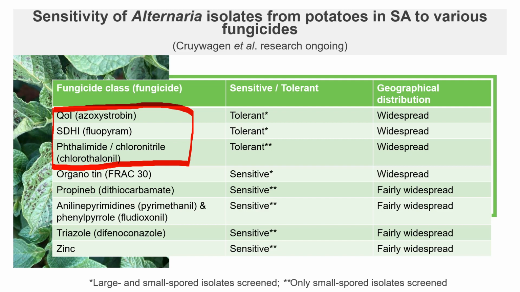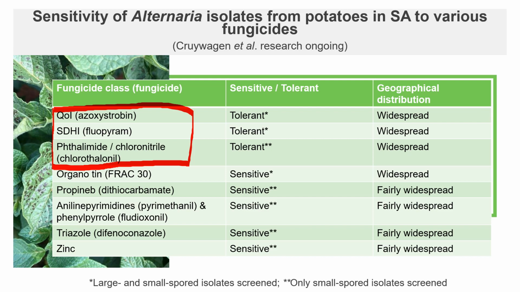The other products that we tested showed more sensitivity. Some of them showed not as much sensitivity, but compared to the first 3, the products listed below are probably a better option, because most of the Alternaria isolates that were tested still showed some measure of sensitivity.